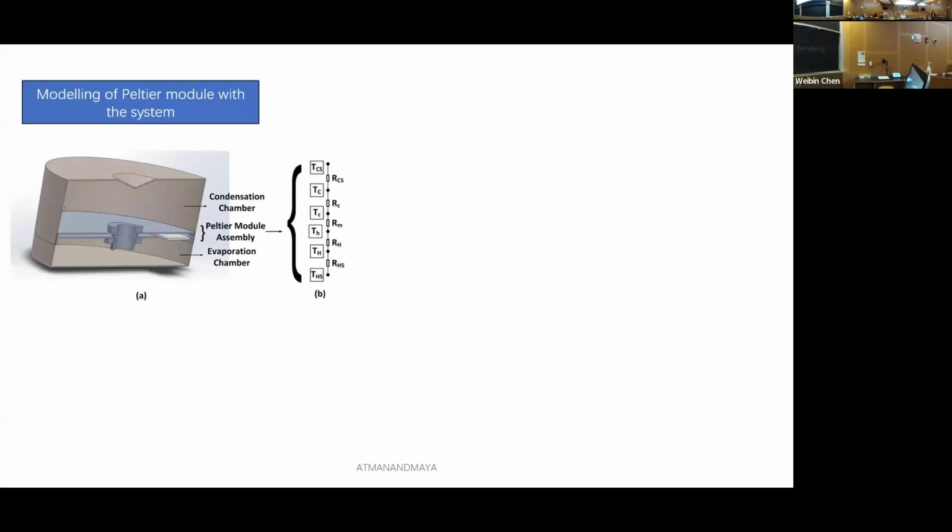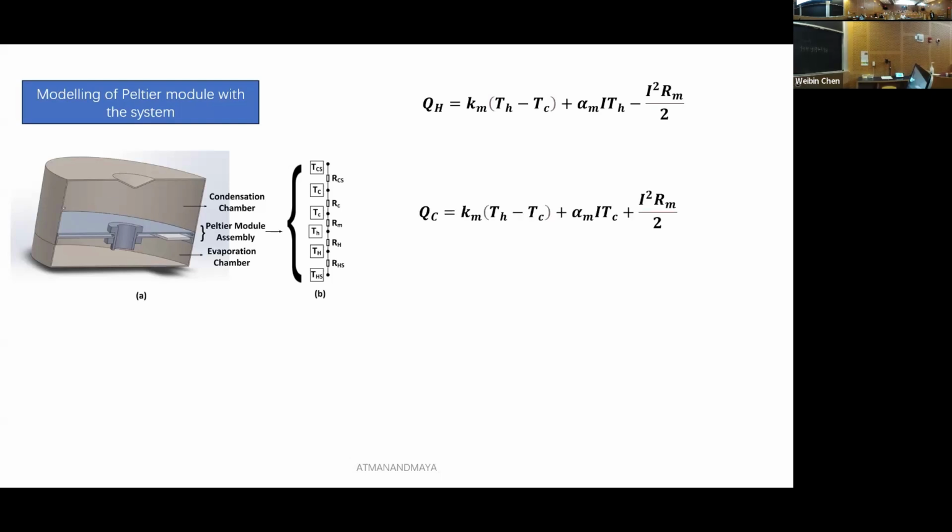Now, coming to how, I'm starting with the thermal modeling. This is the heat transfer equation for the Peltier module, and this is again for the cold ceramic surface. In this equation, the first term explains thermal conduction, the second term explains the Peltier effect, and the third term is the Joule heating happening inside.